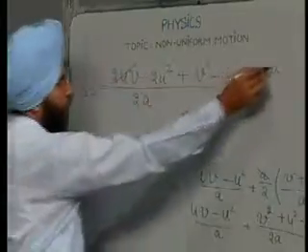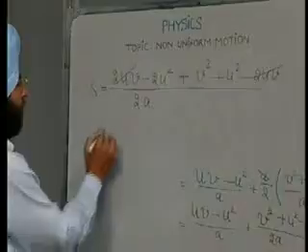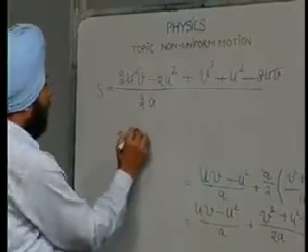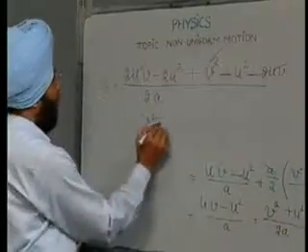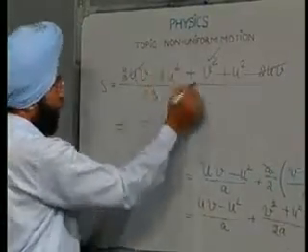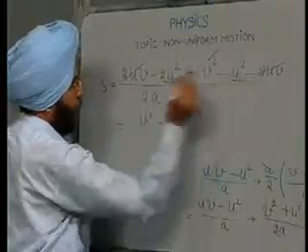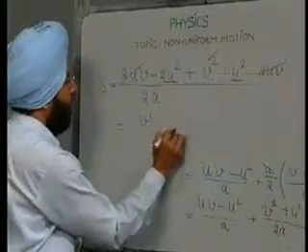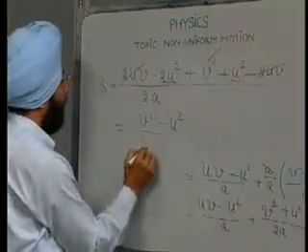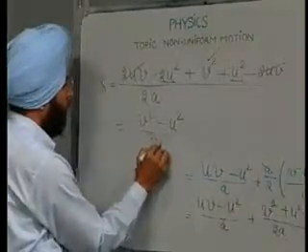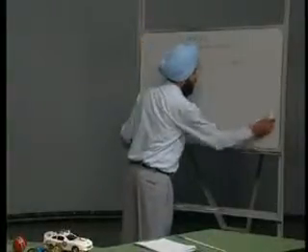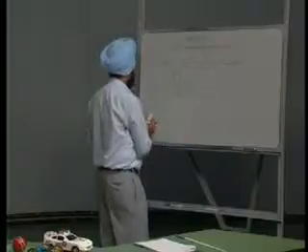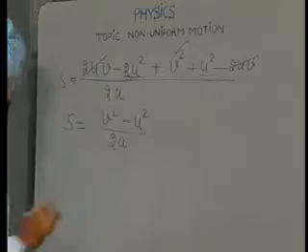2 u v gets cancelled. We have v square minus 2 u square and plus u square. So, we have minus u square over 2 a. So, what we get is s is equal to v square minus u square over 2 a.